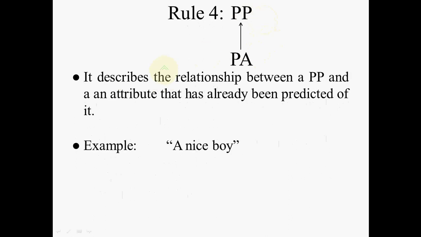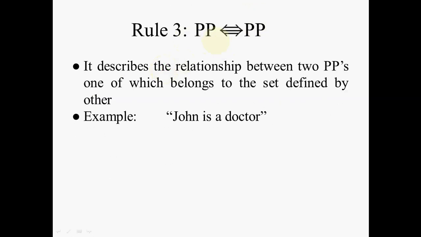I'll go back to the previous slides. Rule number 3. Here we have already seen a rule where two PPs were involved. But the difference is rule 3 is used when this PP belongs to this set. For example, John was an object and John belonged to a bigger object set, that is doctor.